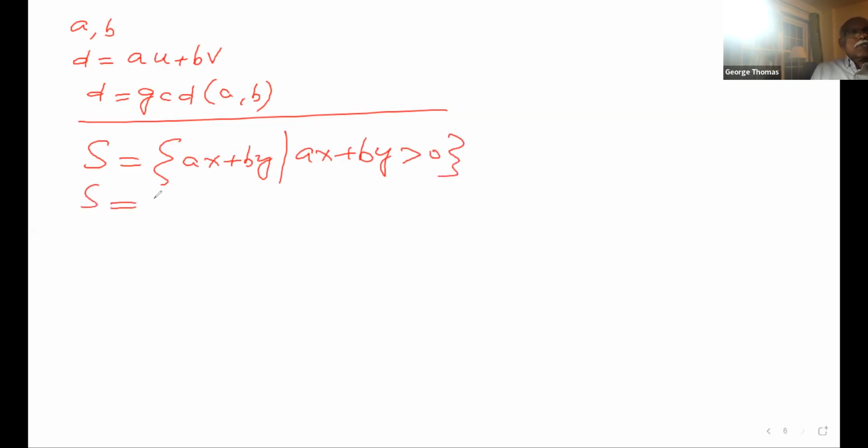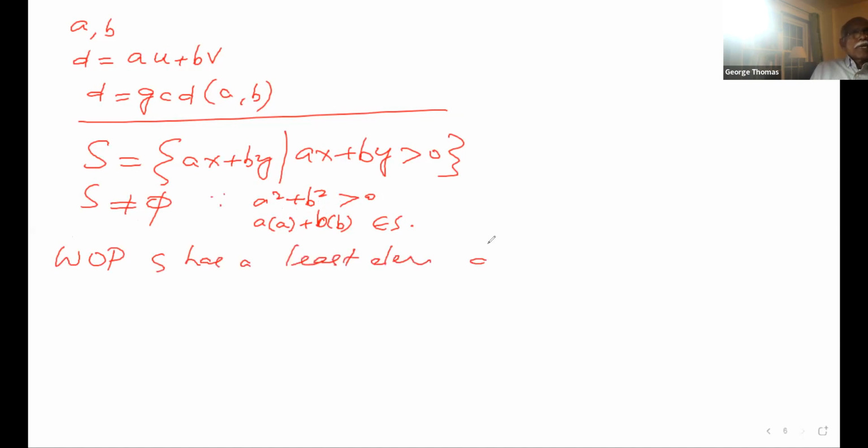Now S is not empty, we found, because A squared plus B squared is greater than 0, and that looks like A times A plus B times B. Therefore, this is an element of S. So S is not empty. Therefore, by WOP, S has a least element.